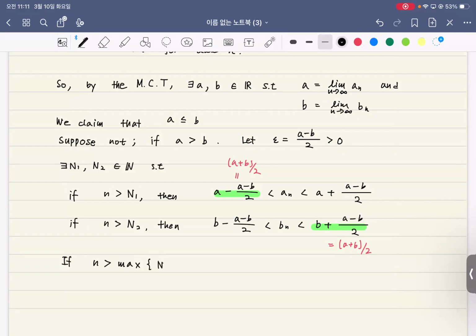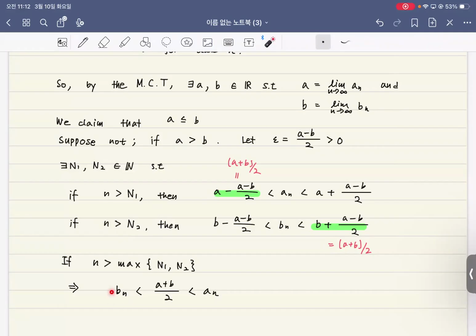So if your index is greater than both of these two integers, then what kind of contradiction do I have? In this case, we have these four inequalities at the same time, but I will just use these two. Bn is less than (a plus b) over 2, which is less than an, right?